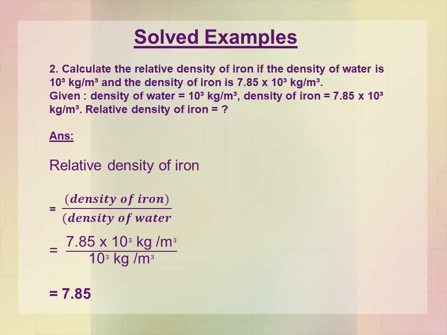Pressure is equal to force upon area on which the force is applied. Let's see the unit of pressure. Pressure is equal to force upon area. What is the unit of force? It is Newton, and area is meter square. So pressure is equal to Newton per meter square, which is denoted by one word, Pascal.